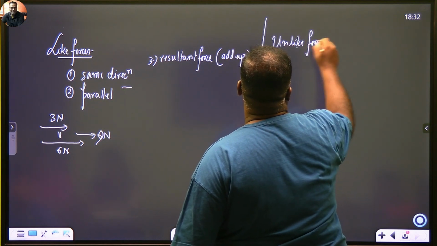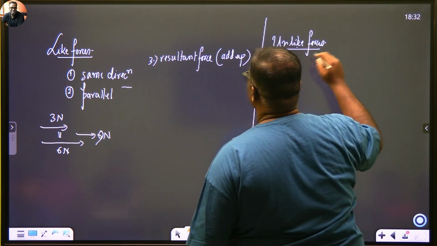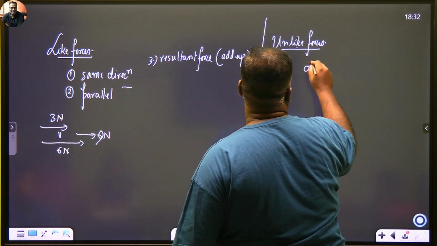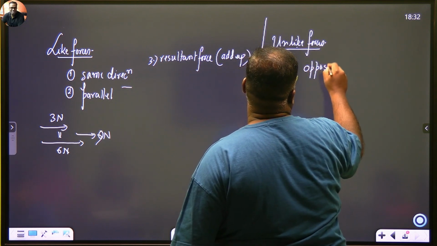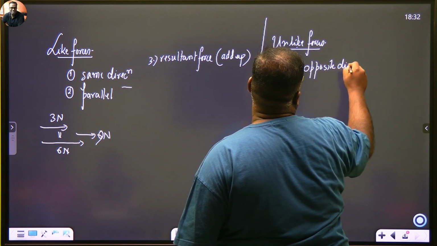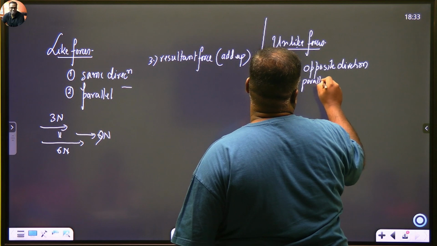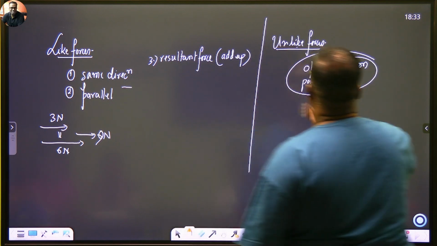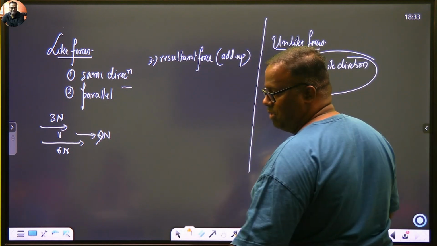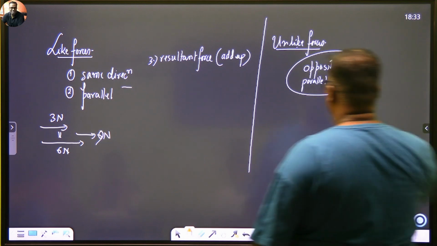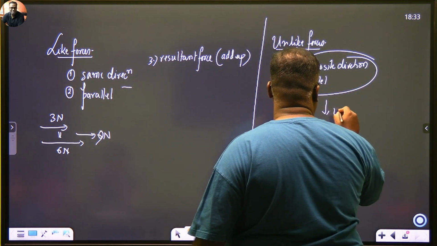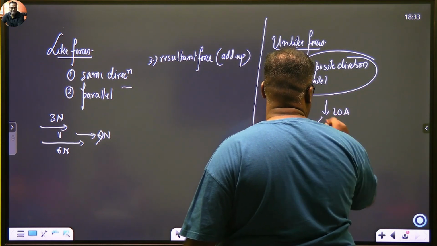Unlike forces are in opposite direction and parallel. This criteria must be there. Opposite direction and parallel, right? Now we will talk about the line of action.